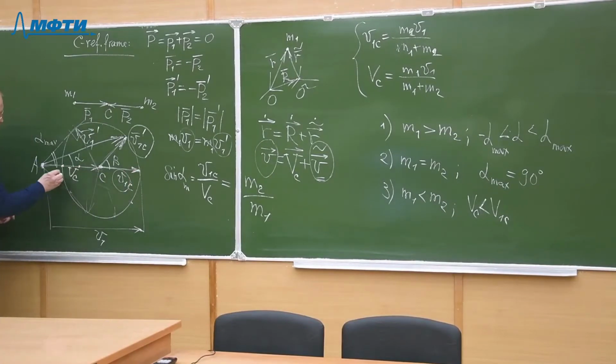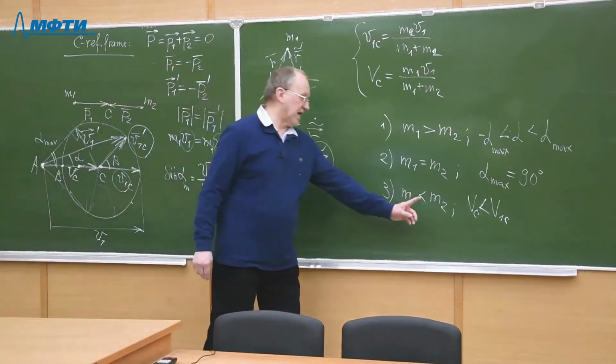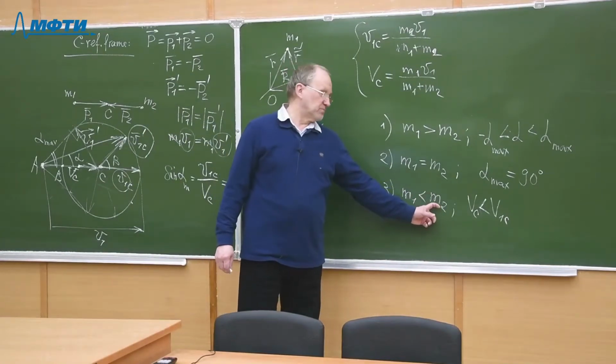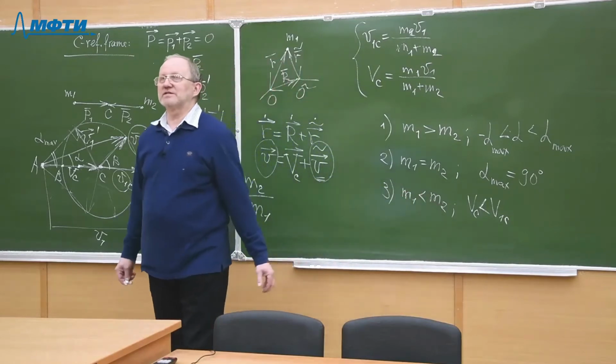So the beginning of this vector Vc will be somewhere here inside the circle, and that will be the small vector. And the formulas show that the length of this vector will be less than the radius of this circle. So this will be the small velocity of the center of mass, because the second particle is heavy, it's a large particle, and it's at rest.